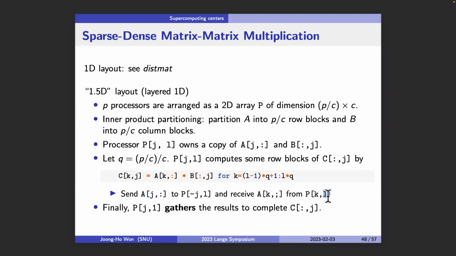So the communication is confined to those processors in the same layer. In that way, the communication is saved. And finally, to get the final result, it does a gather operation in the first layer.